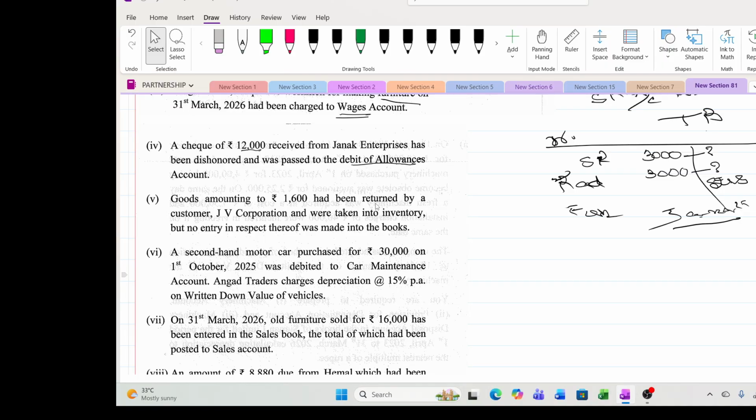Yes, this is taken into inventory. Generally in a factory, we call it the shop. Even if it is a stores department where the goods are received, we call it a shop. So the goods would have been returned by a customer and are delivered directly to the stores department.